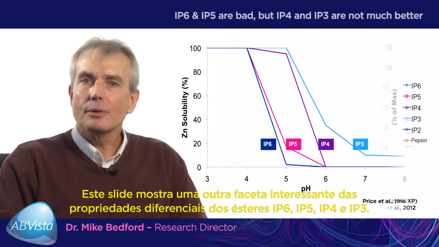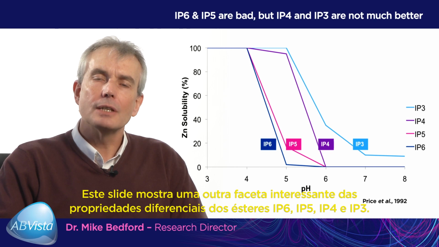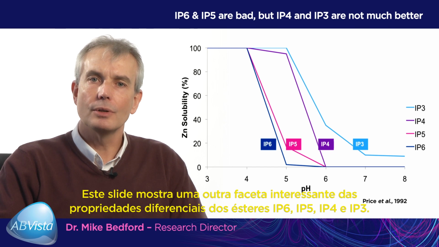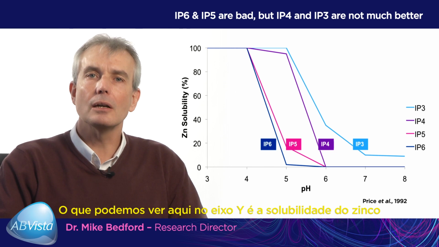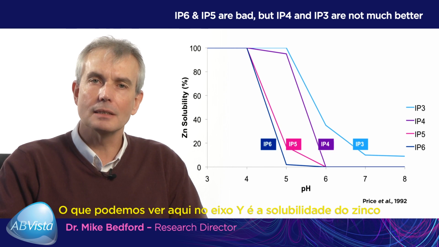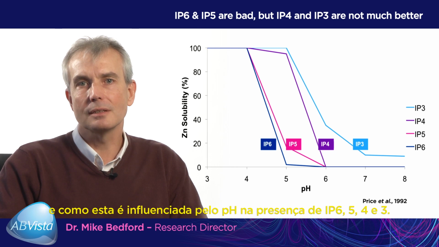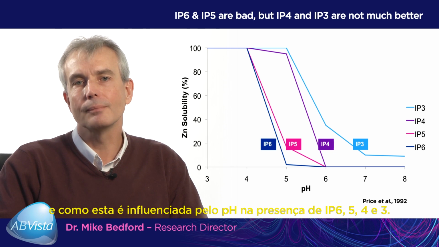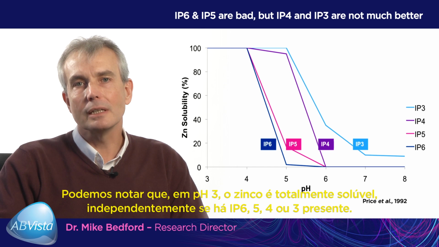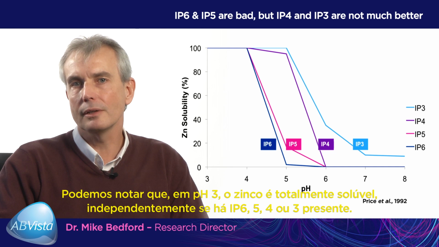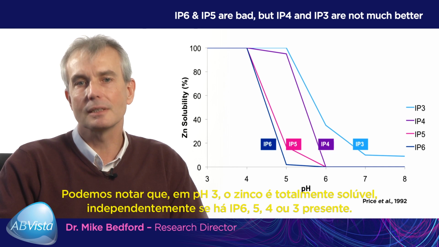This visual shows another interesting facet of the differential properties of the esters IP6, IP5, IP4 and IP3. What we can see on the y-axis here is the solubility of zinc and how that's influenced by pH in the presence of IP6, 5, 4 and 3. And you can see at pH 3, zinc is wholly soluble, 100% soluble, regardless of whether there's IP6, 5, 4 or 3 present.